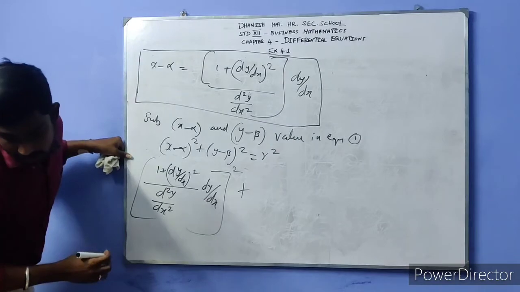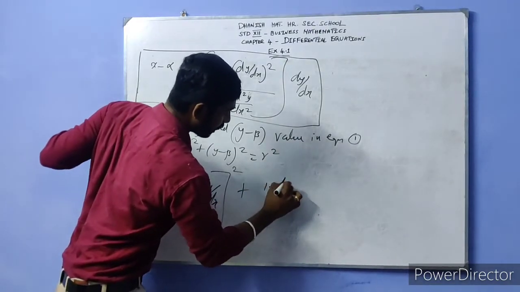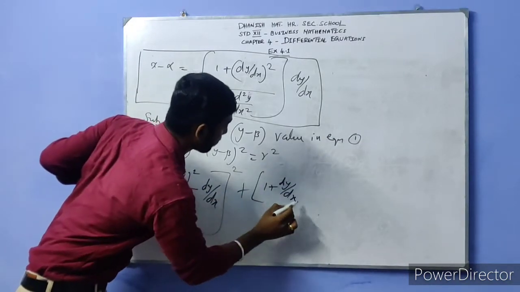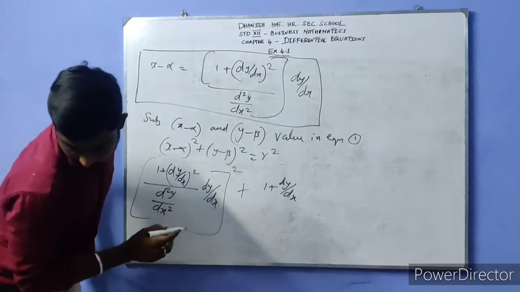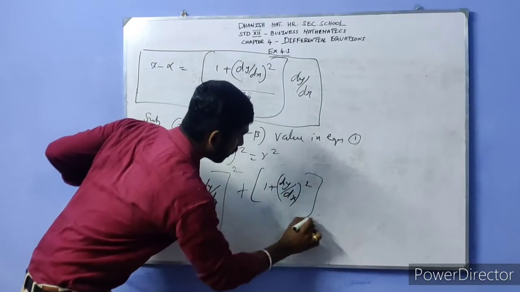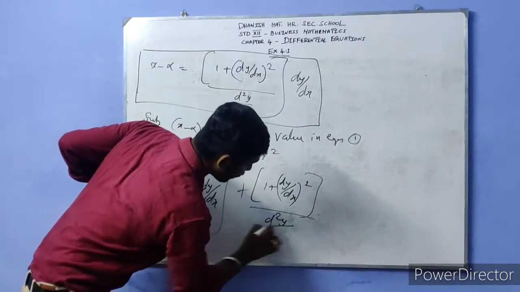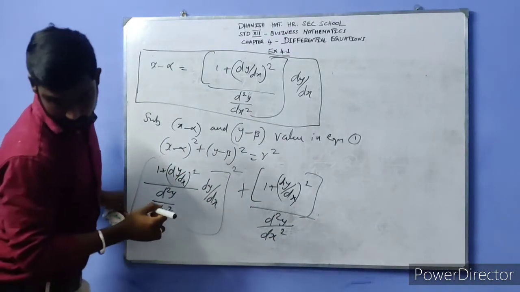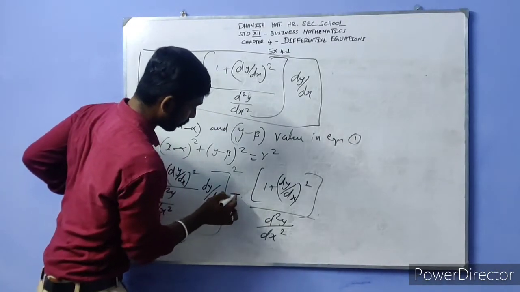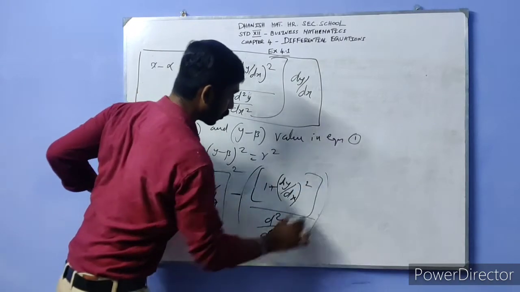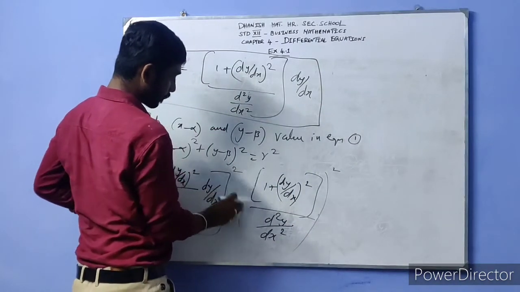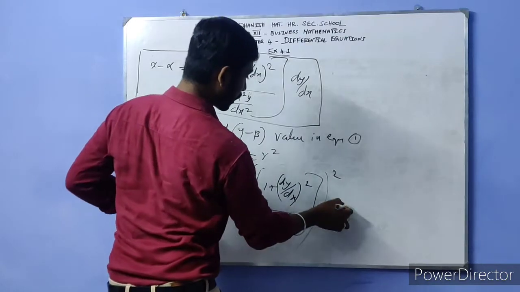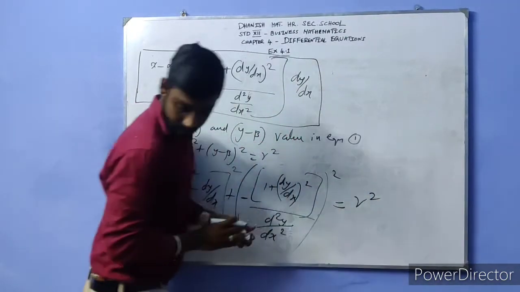What is the y minus beta value? That is 1 plus dy divided by dx the whole square, then divided by d square y divided by dx square, the whole square, equal to r square.